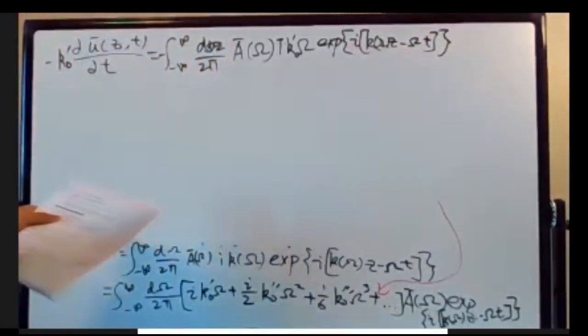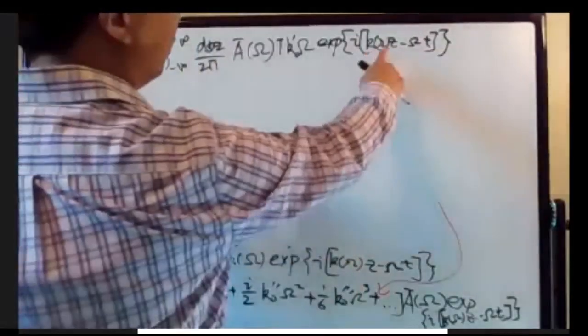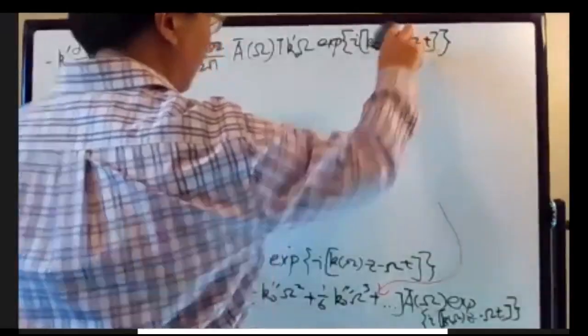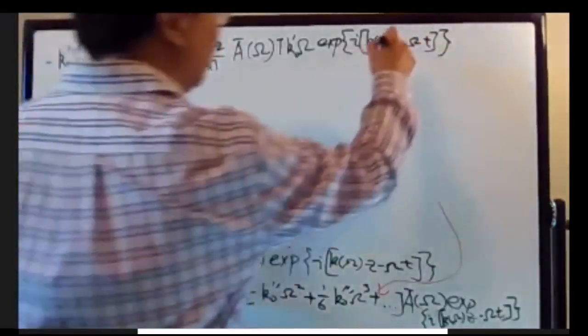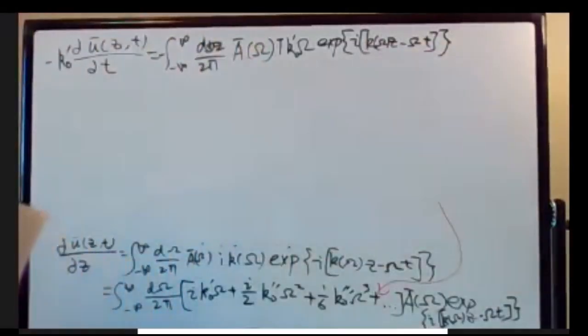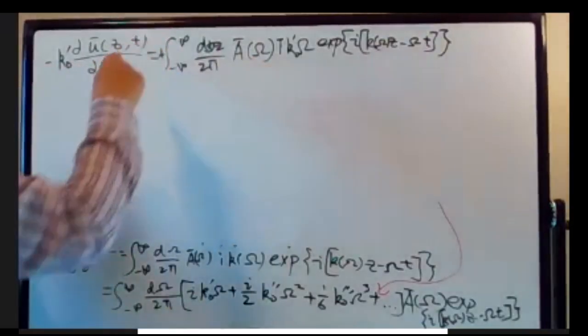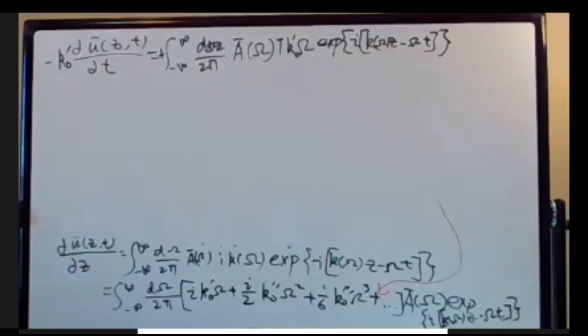Yes, k omega. I didn't write it in a very nice way. Now let me add a negative sign, so this becomes positive. Okay, great.